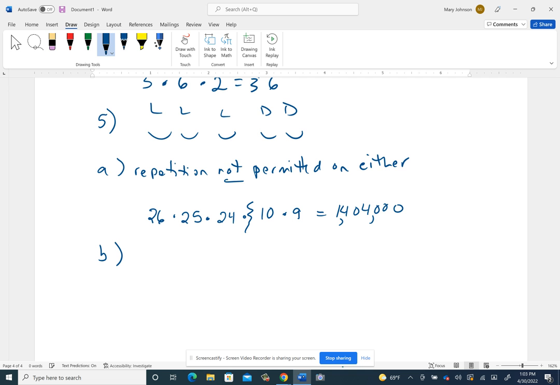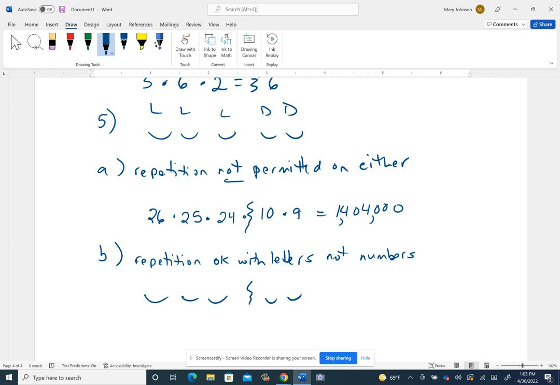All right, B on the test said repetition of letters is permitted, but not numbers. So you had the same setup, 3 letters followed by 2 numbers.